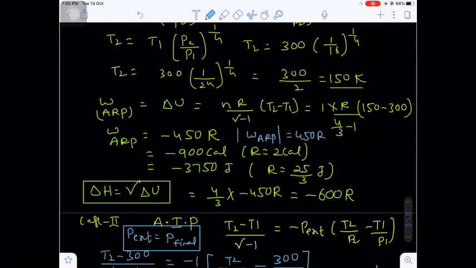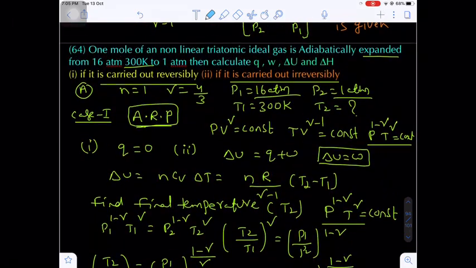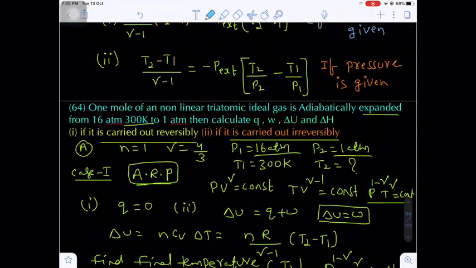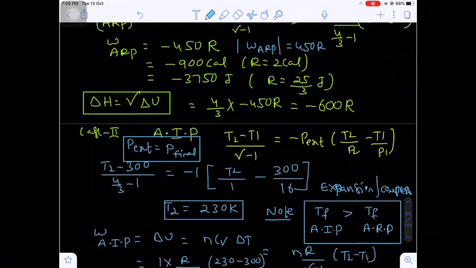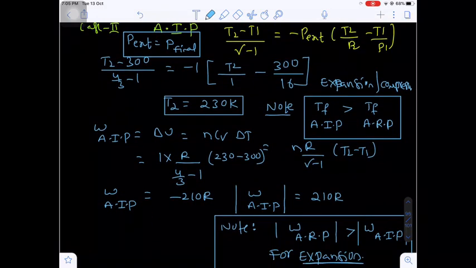Now, this is question number 64. Once again, what conclusions did we draw from question number 64? The first conclusion is about the final temperature.